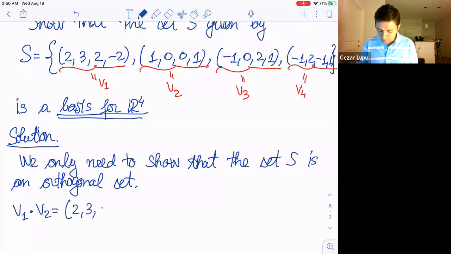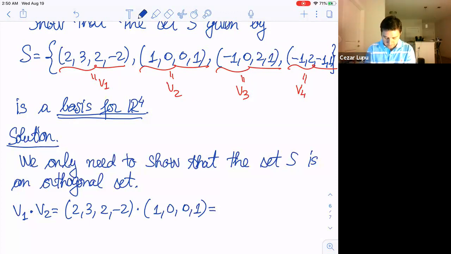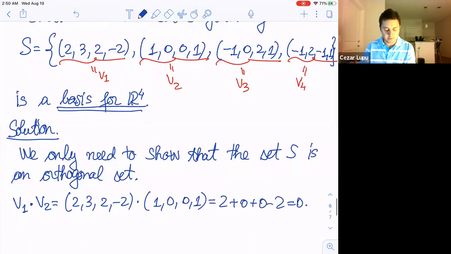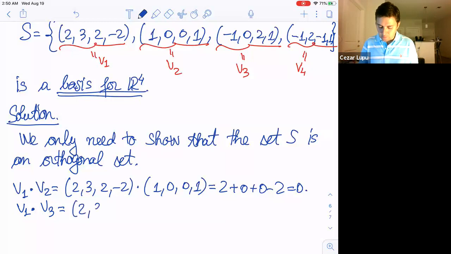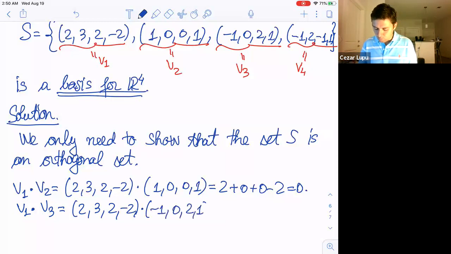So it will be (2, 3, 2, -2) dot with (1, 0, 0, 1). This will give us 2 plus 0 plus 0 minus 2, which is 0. Now v1 dot v3: (2, 3, 2, -2) dot with (-1, 0, 2, 1).